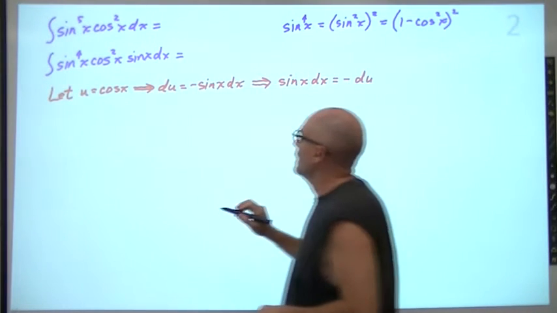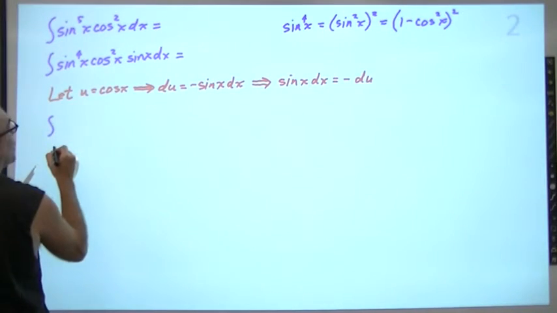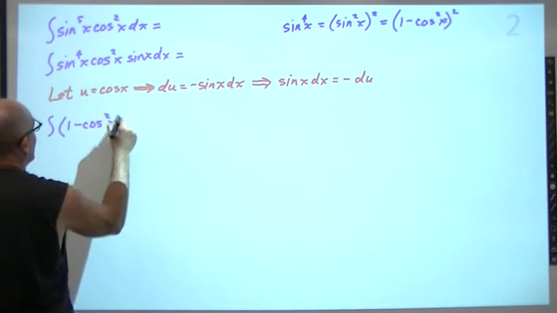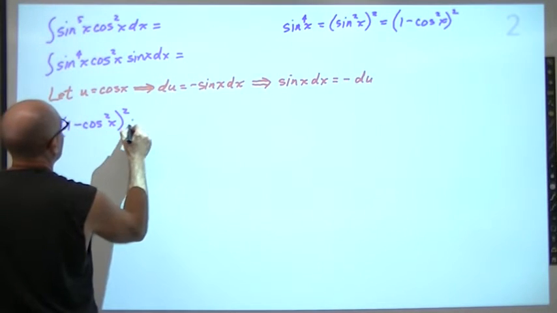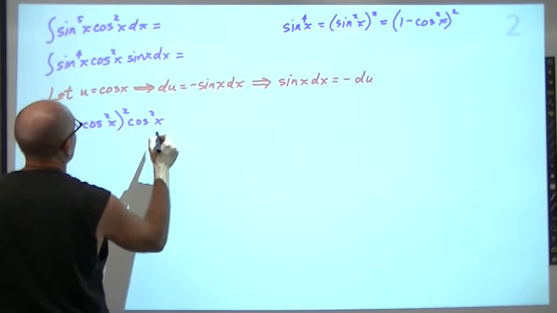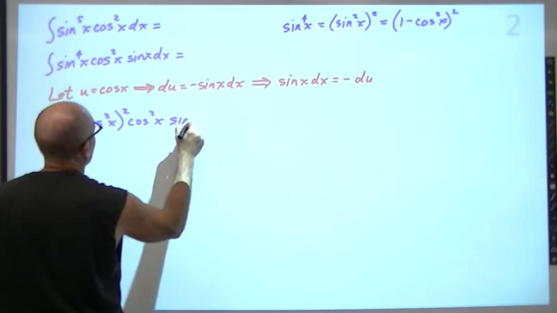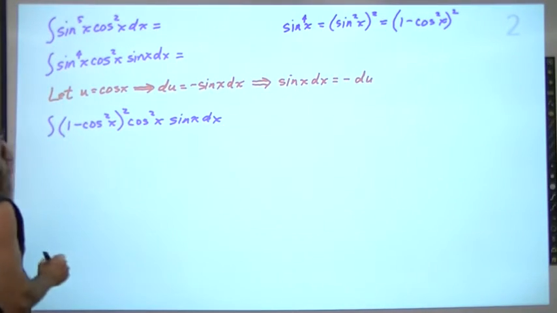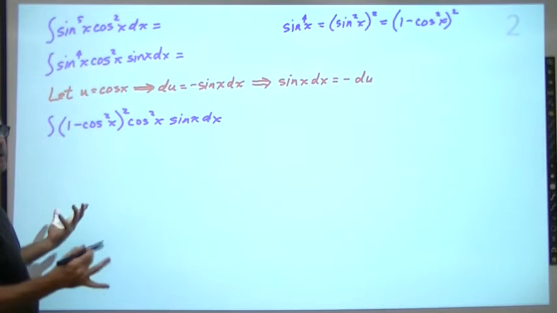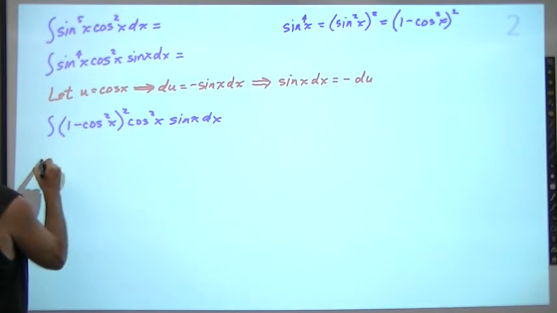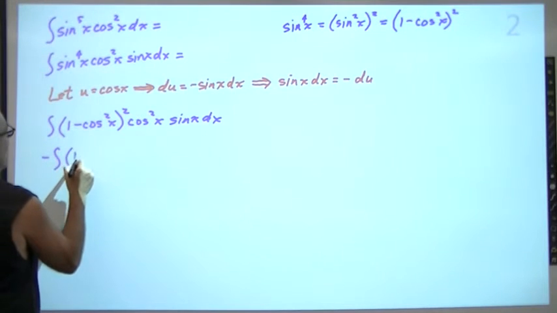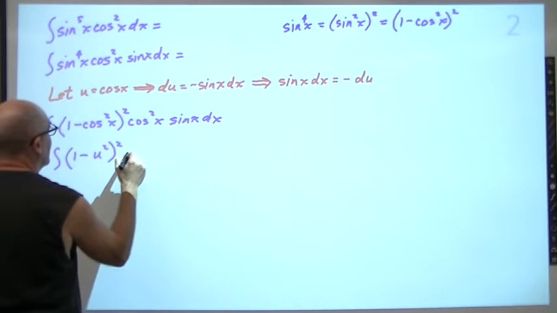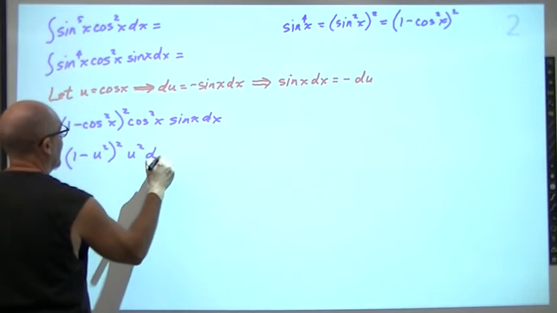So now I rewrite this as the integral of 1 minus cosine squared, squared, times cosine squared, times sine x dx. Now my sine x dx becomes a negative du, and all my cosines just become u's. So I have negative the integral of 1 minus u squared, squared, times u squared du.